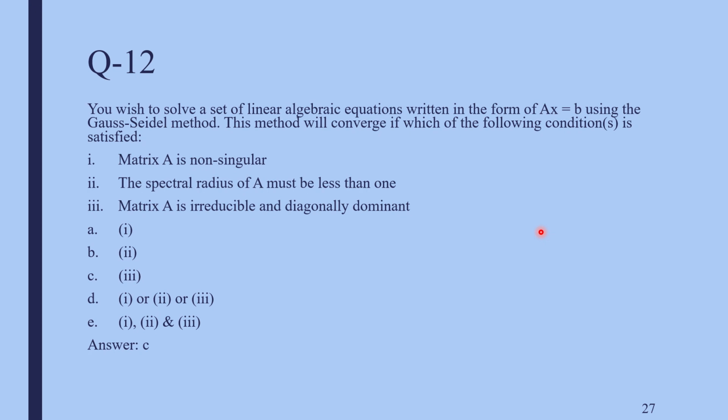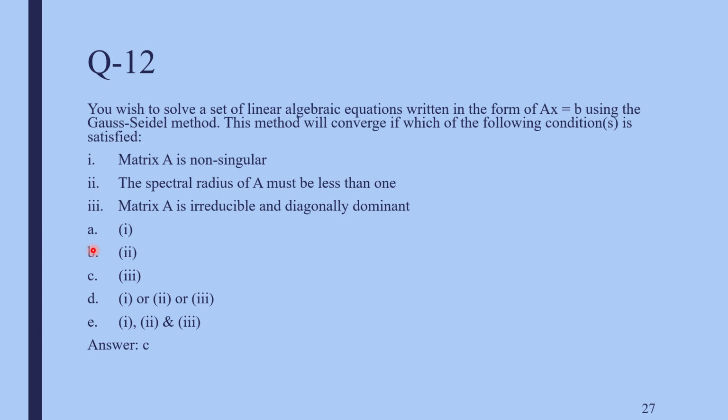If you remember the Gauss-Seidel method, the important criteria is A should not be reducible, and it should be diagonally dominant. Diagonally dominant is an important criteria when we are dealing with the Gauss-Seidel method. So statement 3 is the only right one.